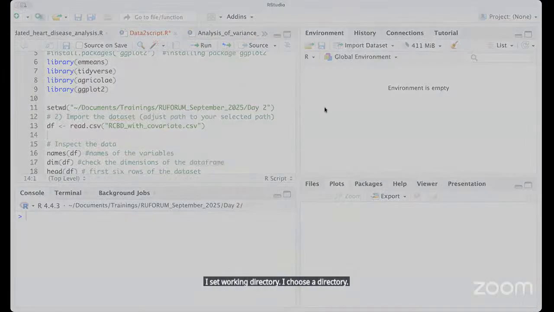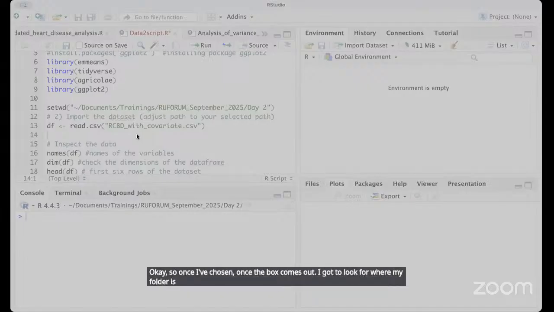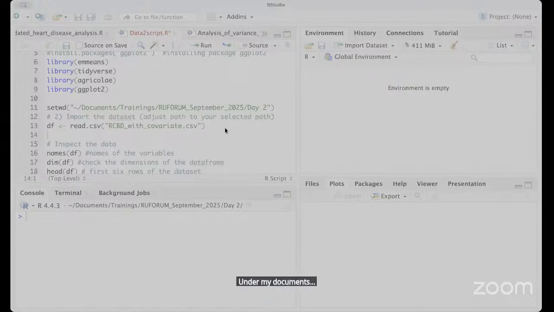Once the box comes out, I look for where my folder is. I go to my documents. Under my documents, mine is under trainings.